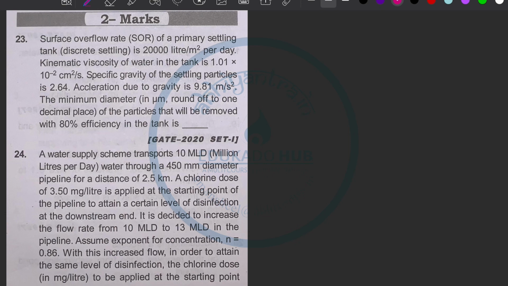Now let's understand what is the concept behind this question. The very first thing that comes to our mind is, what is surface overflow rate, SOR, that we denote in short, or it is denoted by V naught as well.